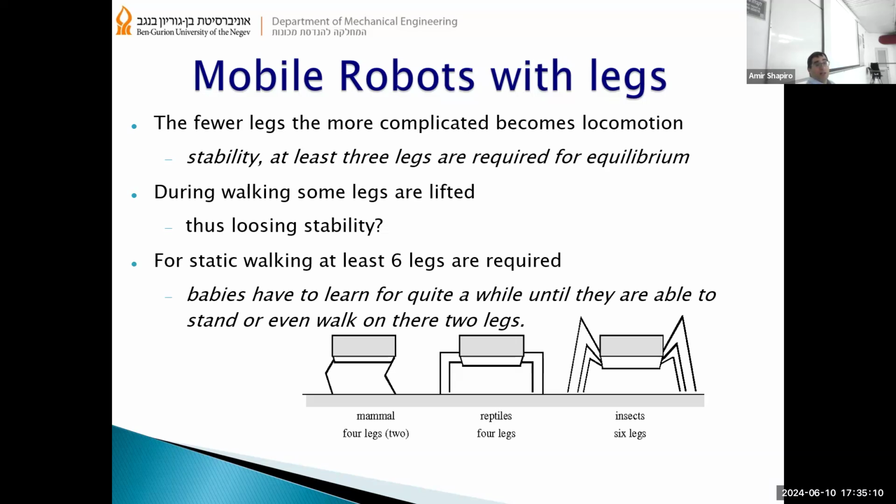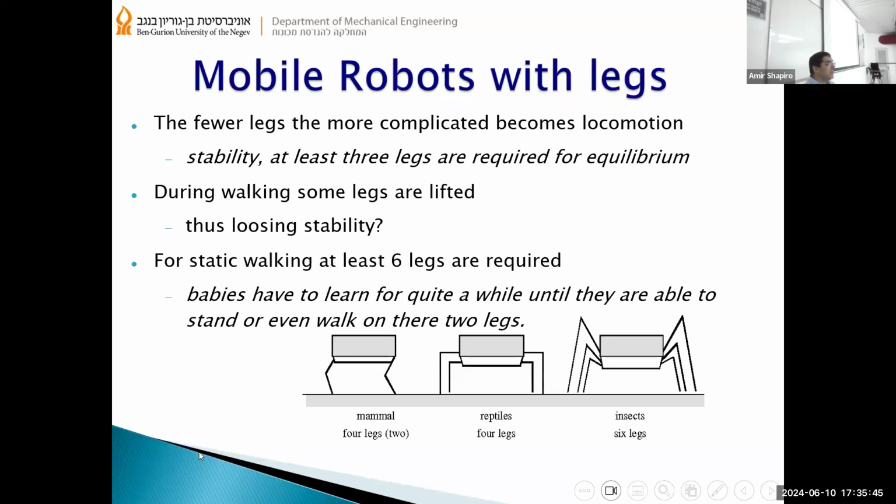During walking, some legs are lifted, and this may cause losing stability or balance. For quasi-static walking, at least 6 legs are required, so 2 triples of legs that each time change the role in order to walk.